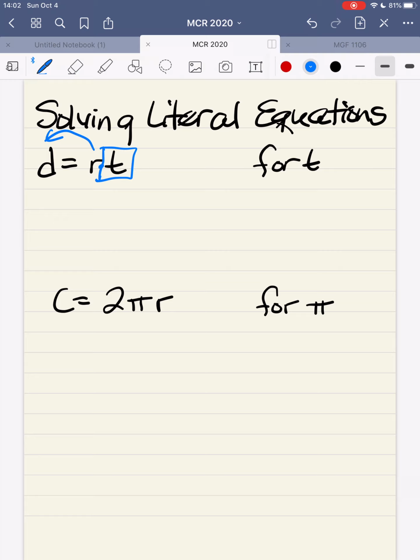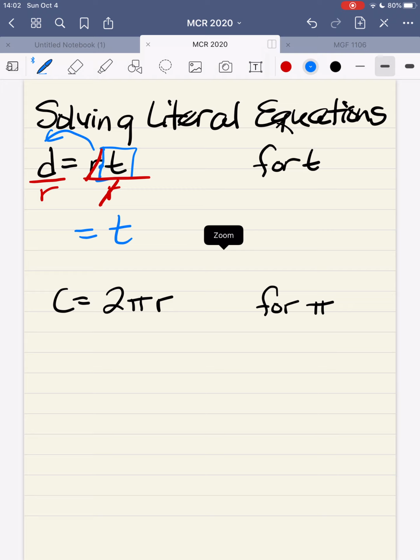R and T are bound by multiplication, so in order to undo multiplication, I have to divide. And I need to divide by anything that is not T. In this case, I need to divide by R. These R's are going to cancel. That leaves me with my T on this side.